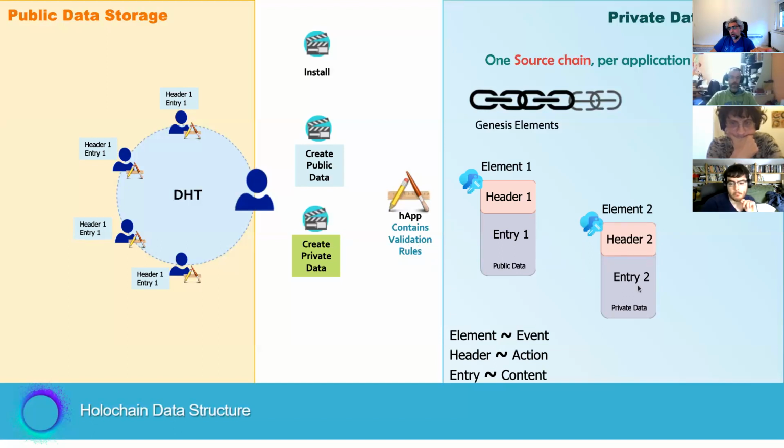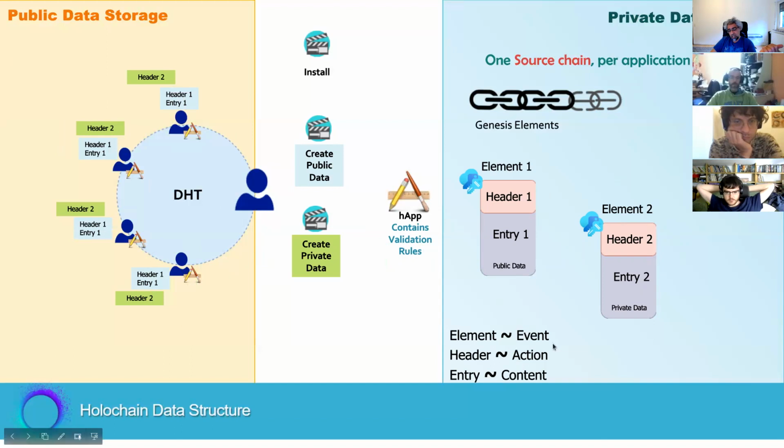So what happened here? Then only the header is going to be published. The data is private. It's just added to your source chain because it is your private storage. The data is not going to be published to the DHT as public storage, just the header. The header, as I mentioned, is the action. It means it is the footprint.